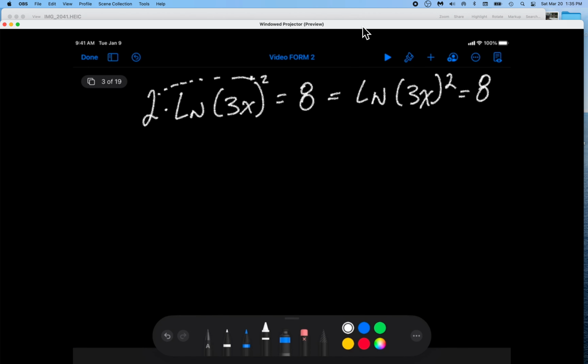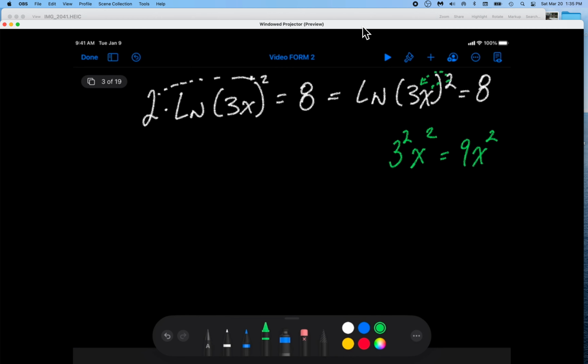Now you have to be careful. When you square 3x, you have to make sure you apply that exponent to both the 3 and the x, both factors. So that's going to become 3 squared x squared, which equals 9x squared. Okay, so that's one way to do the problem.